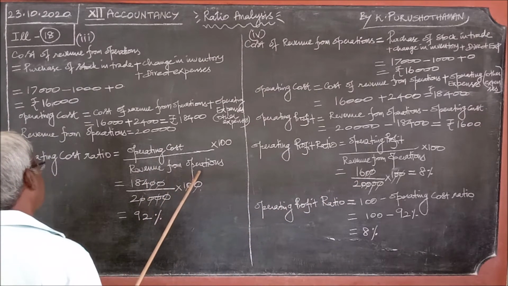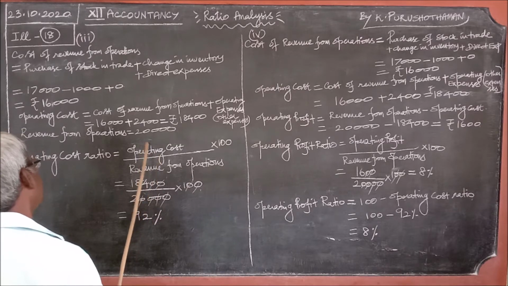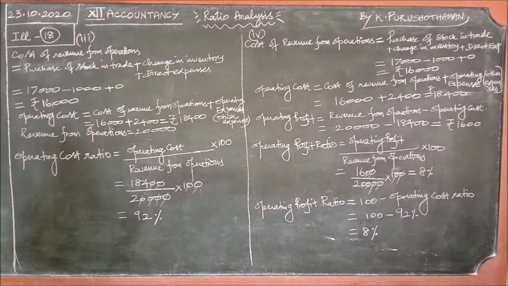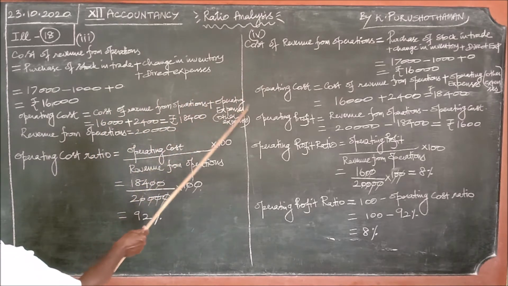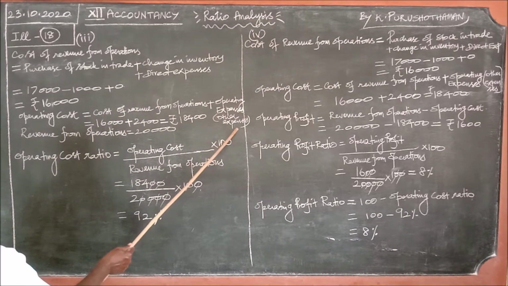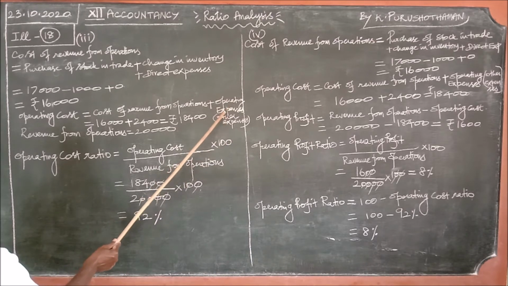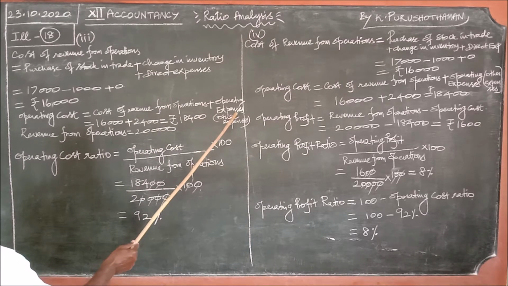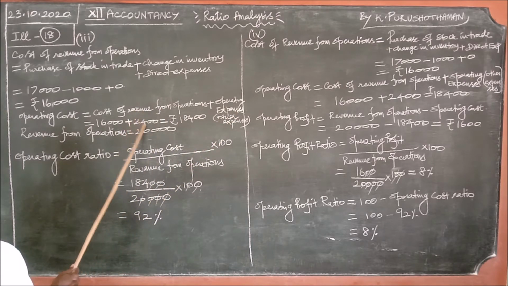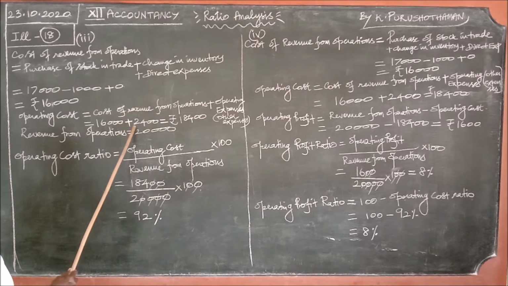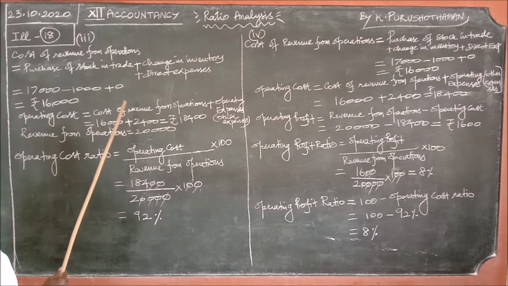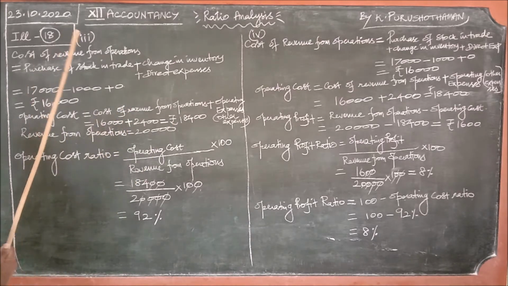Now our intention is to keep the operating cost ready. What is the operating cost? Cost of revenue from operations plus operating expenses. In this problem, operating expenses are nothing but other expenses, given as 2,400, which we can write straight away from the problem. But what about cost of revenue from operations?